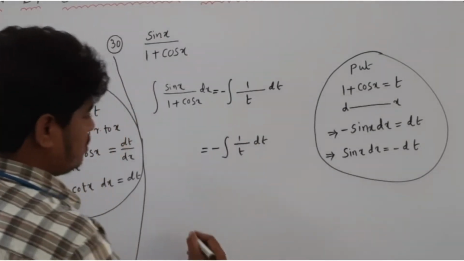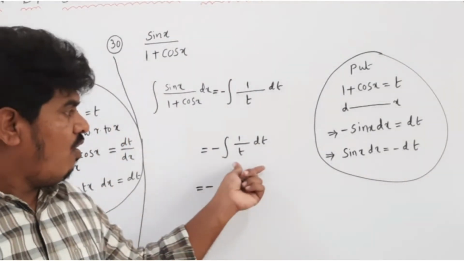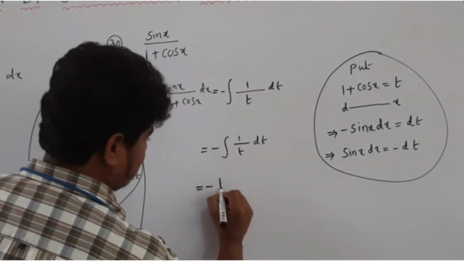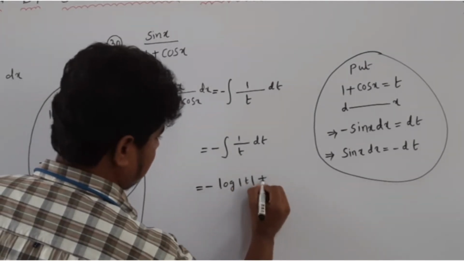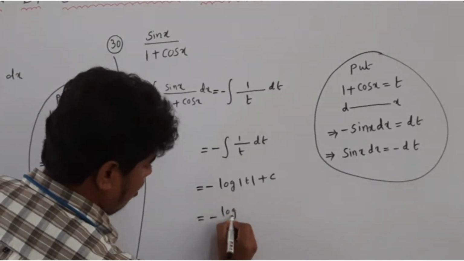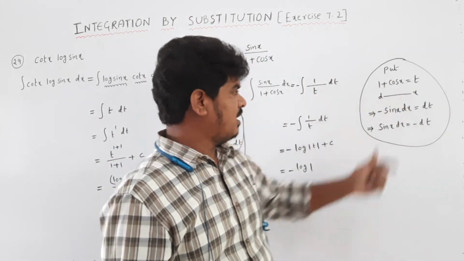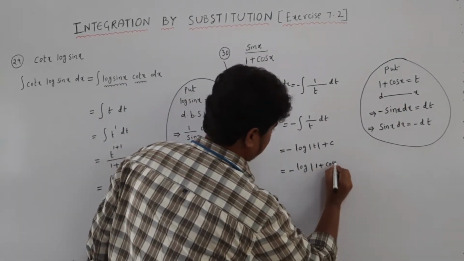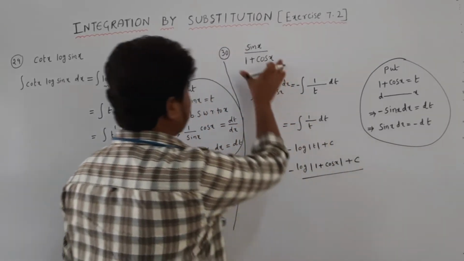What is the integral of 1 by t dt? log mod t plus c. Now this is equal to minus of log, in the place of t write 1 plus cos x. It is the answer of this 30th.